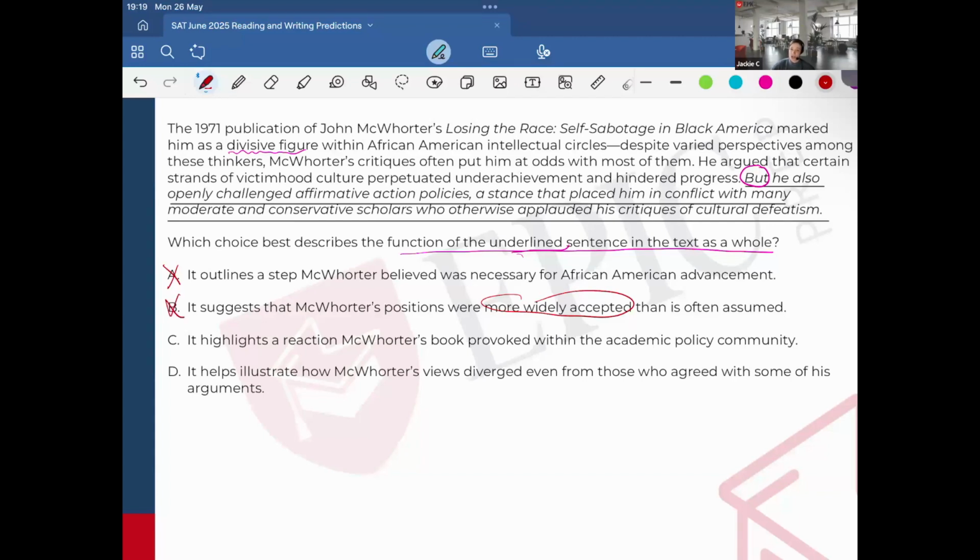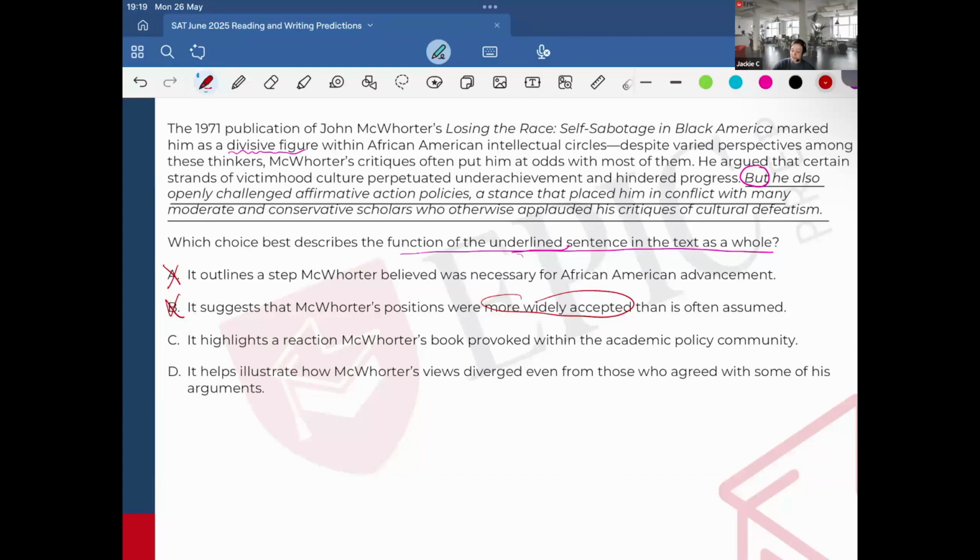C, it highlights a reaction McWhorter's book provoked within the academic policy community. Okay, this is a popular incorrect choice because it's focusing on how certain scholars who agreed with him on some things still disagreed on this point, but we're not really focusing on broad policy reaction. We want to focus on this divergence from partial supporters.